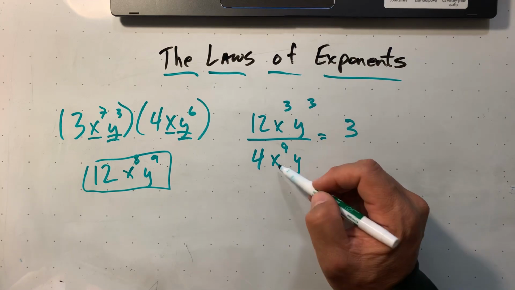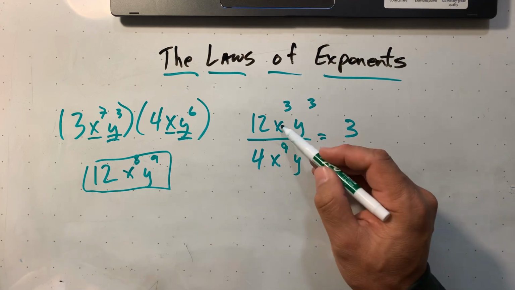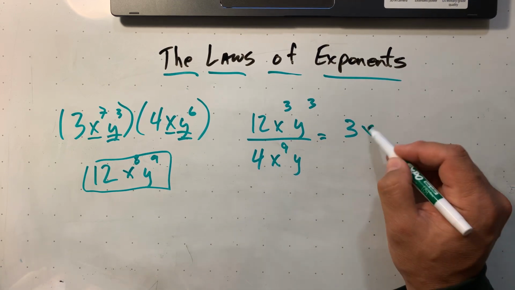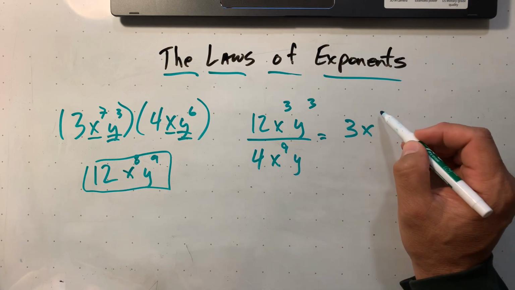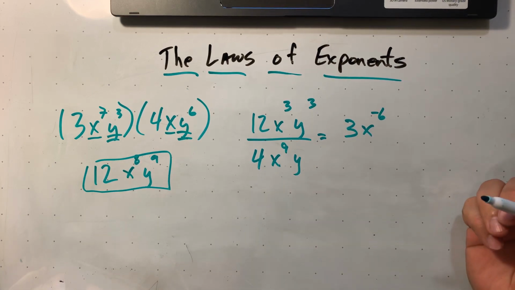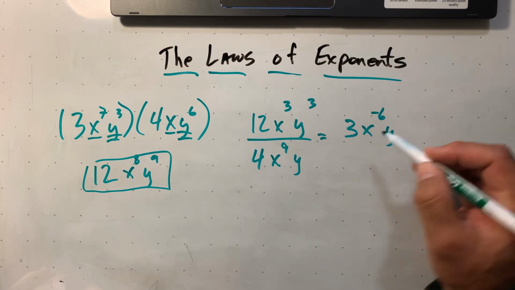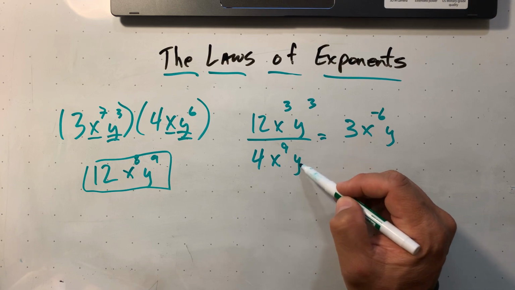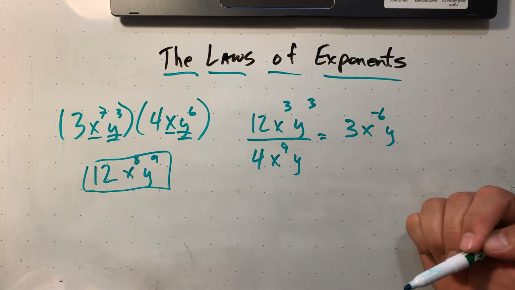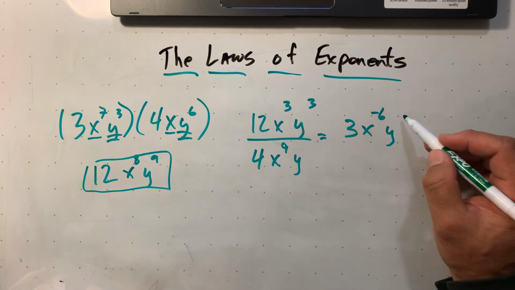Now, we have x to the 3rd divided by x to the 9th here. The x and the x are the same base, so I'm going to keep it, and then I'm going to do 3 minus 9. So 3 minus 9 gives me negative 6. Here I have a y and a y, so I'm going to keep the y. And I have 3 minus 1. Don't forget that y has a 1 as an exponent right there that we don't write. So it's y to the 3 minus 1 makes 2.